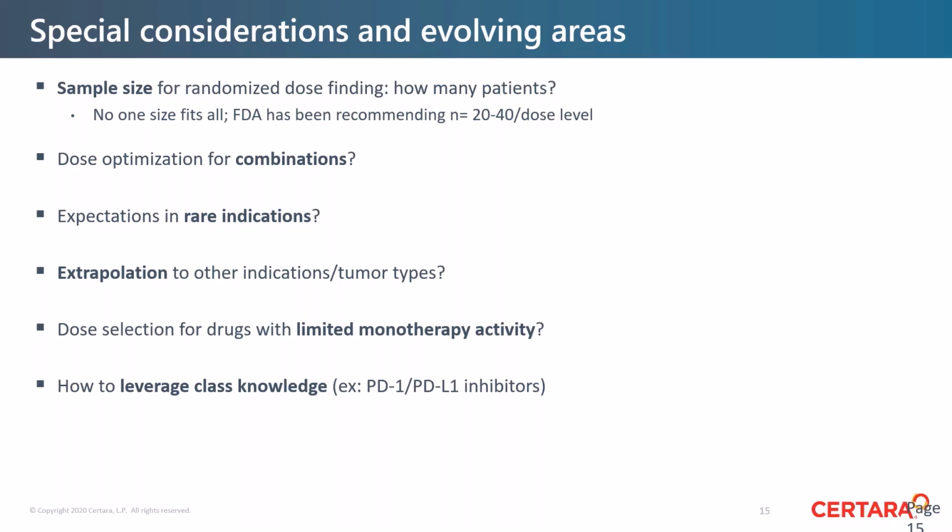Also, a concern for a lot of sponsors is what about dose selection for a drug with limited monotherapy activity? In that case, the question is, is it mandatory to optimize the dose in monotherapy before moving to combination, knowing that we don't expect any monotherapy activity? Honestly, this is still an evolving area and there is no single recommendation. It's more on a case-by-case basis.